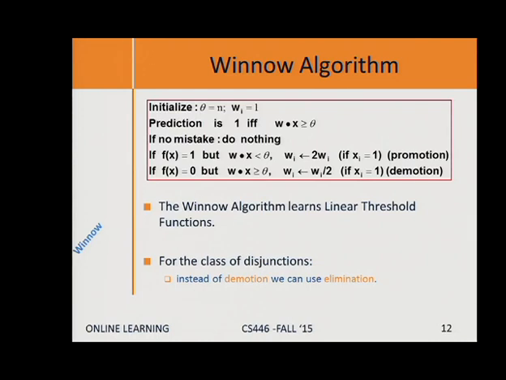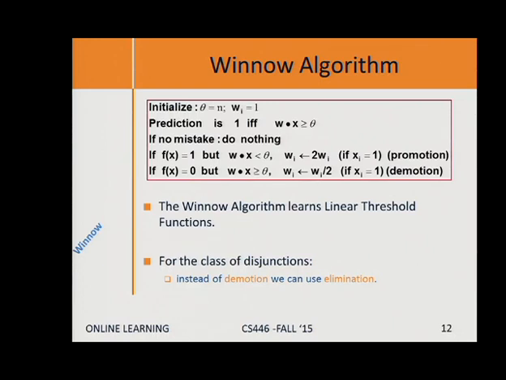If I put wi equals 0, it basically indicates that I'm never going to look again at the ith feature, because the dot product is always going to zero out in the ith component. And I'm saying it's fine because I know that the ith component is not important to the disjunction.